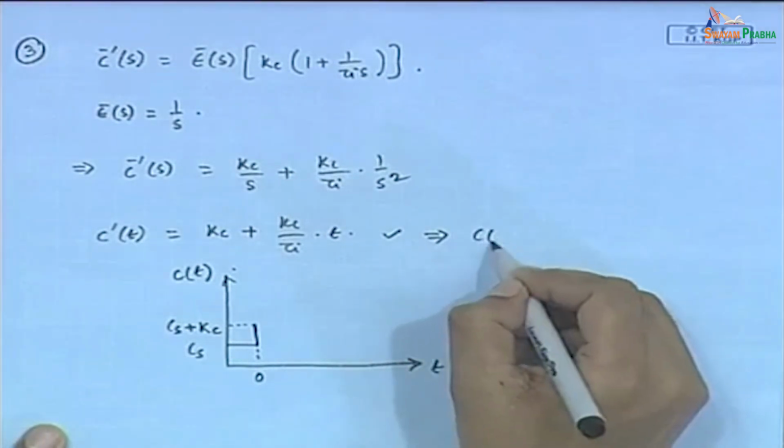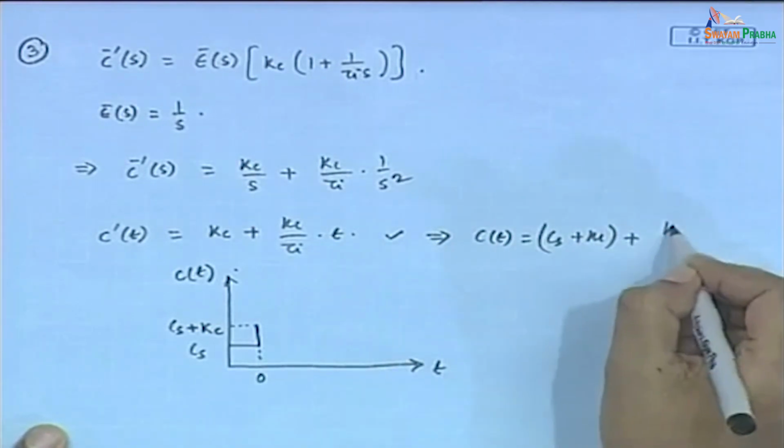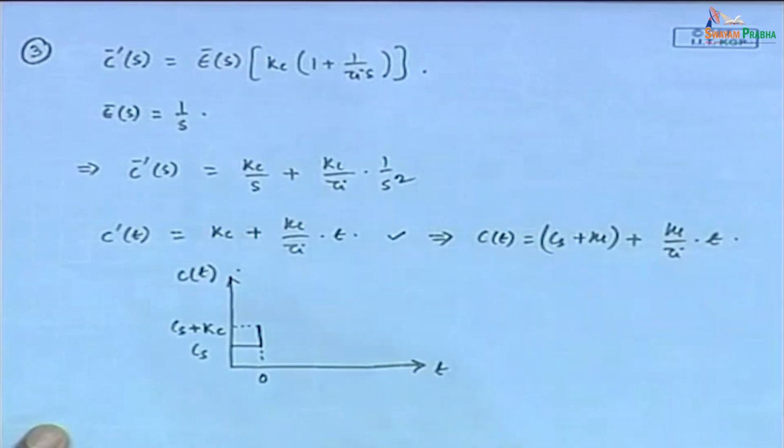So, Cs plus Kc we can obtain from Cs plus Kc plus Kc divided by tau I into t.